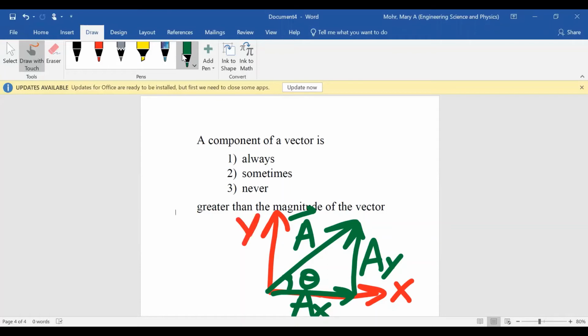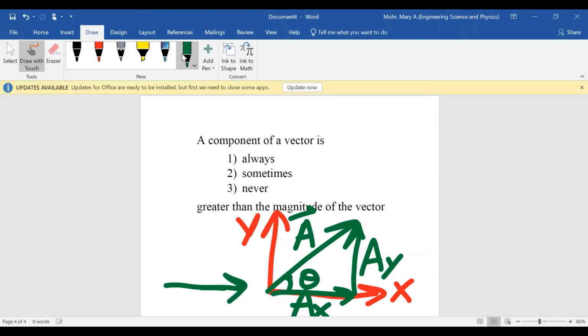So a component of the vector can never be greater than the magnitude of the vector. If we have a vector and it's just going in the x direction, so if you have a vector like this, then the x component of the vector would be equal to the magnitude of the vector, but a component of the vector can never be greater than the magnitude of the vector.